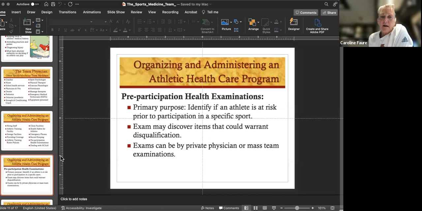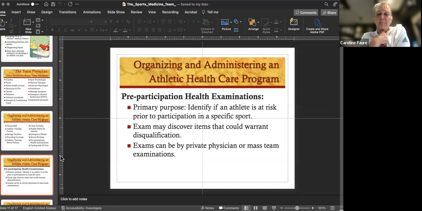Next thing I want to talk about are these pre-participation physical examinations, or PPEs. What you need to understand about these is that they are put in place, they're required for athletes, not to tell how healthy they are. Instead, we're looking to see if an athlete has anything going on physiologically that could predispose them to additional risk inherent in the sport that they're hoping to play.